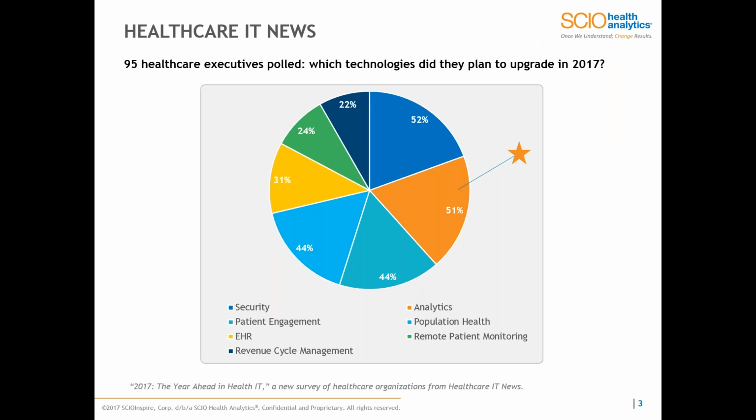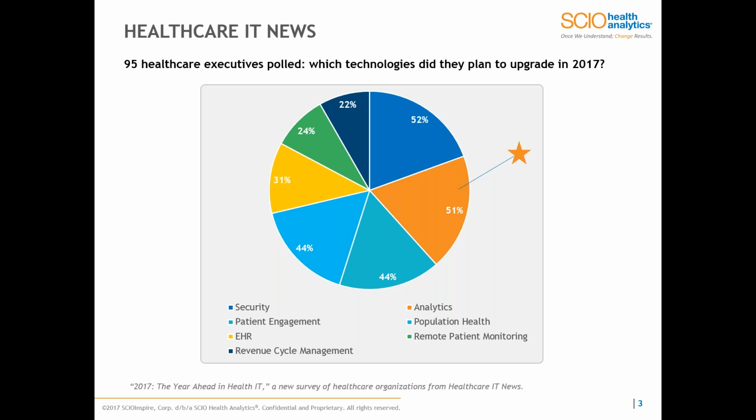So just to start out, healthcare IT news, I thought I would start with just taking a look. About 95 healthcare executives were polled at the end of 2016, saying, for 2017, where they plan on upgrading and focusing around technologies and their spend. And it was not too surprising to see, as far as analytics, the percentage of 51% indicated that analytics is an area in which they planned on spending and investing.